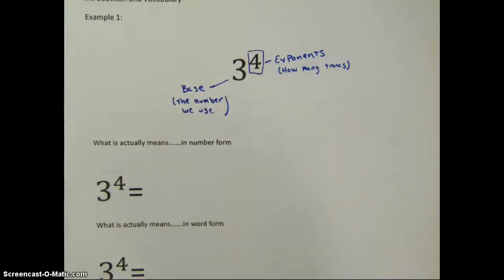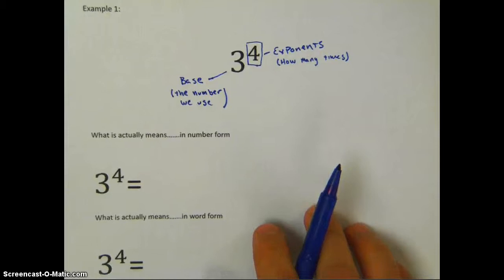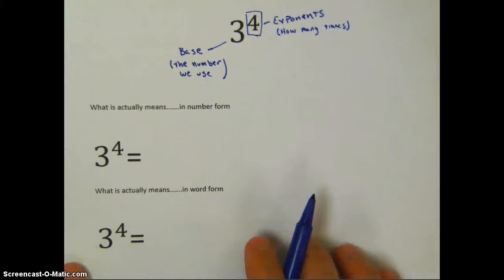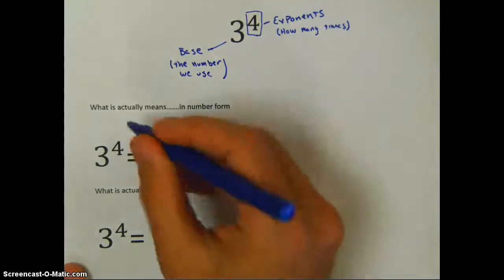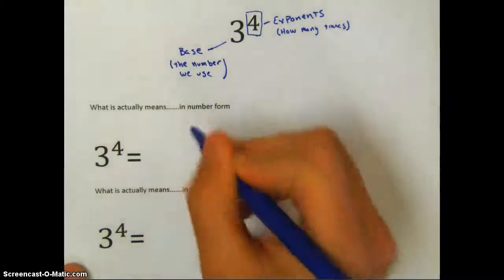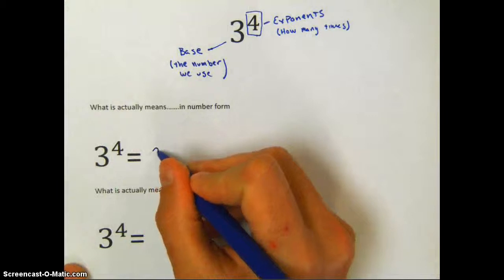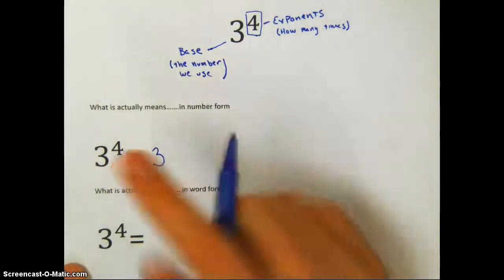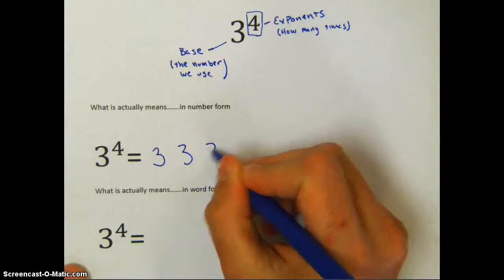So, what this actually means in number form. One of our learning objectives was to be able to write it in expanded and word form, and that's what we're going to do right now down below here. So, what it actually means in number form is 3, or the number that we're using, that many times. So I'll go 3, 3, 3, 3.